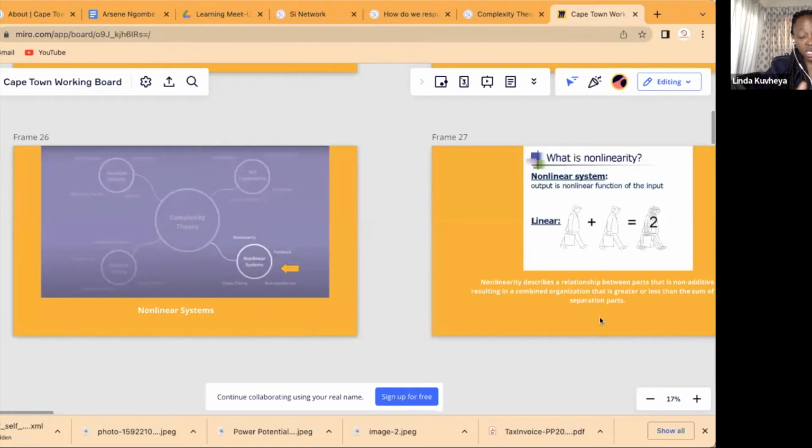Whereas non-linearity arises out of the interdependency of the elements within the system, and that interdependence over time will create feedback loops, meaning that one action by one element can cause another action, whether positive or negative, in another element. I don't know if that makes sense. That makes sense, Linda. Thank you so much.